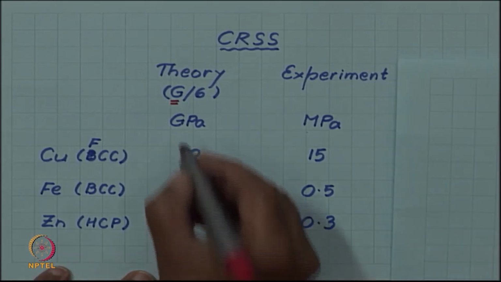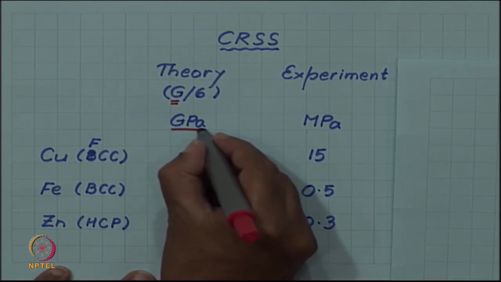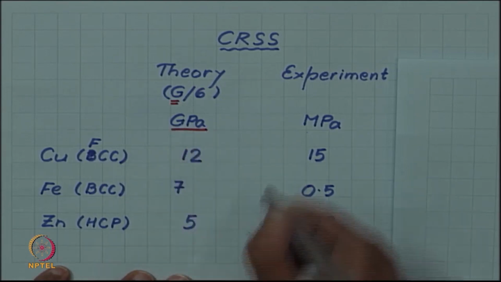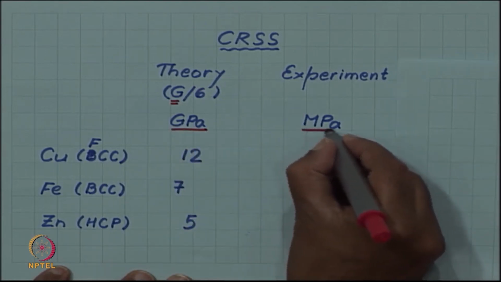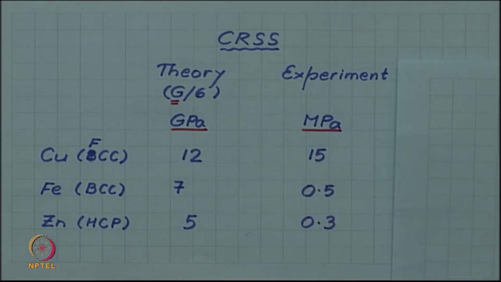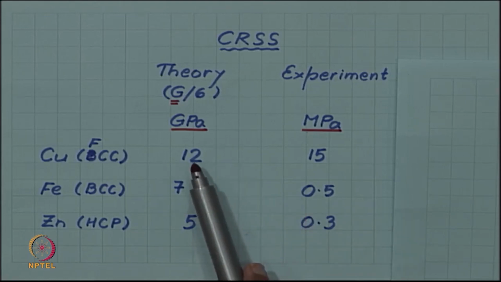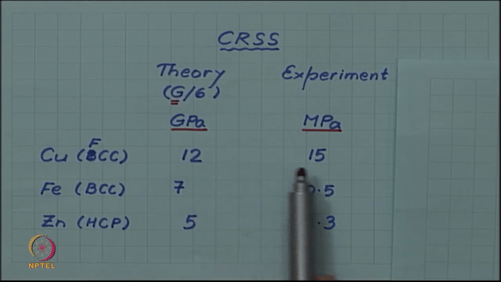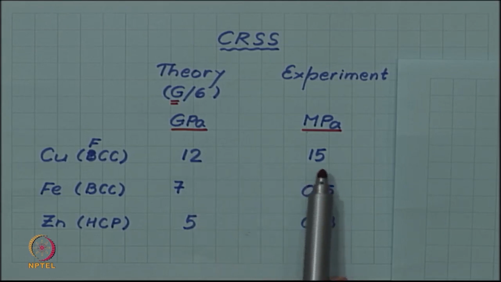First of all, look at the units: the theoretical values are being given in gigapascal, whereas the experimental values are being written in megapascals. So, there is an enormous difference between the theoretically predicted value and experimentally measured value. In particular, the experimental values are much lower.